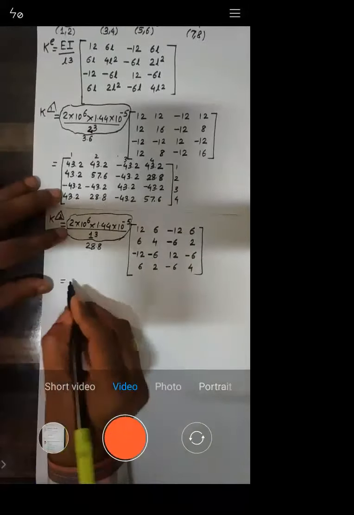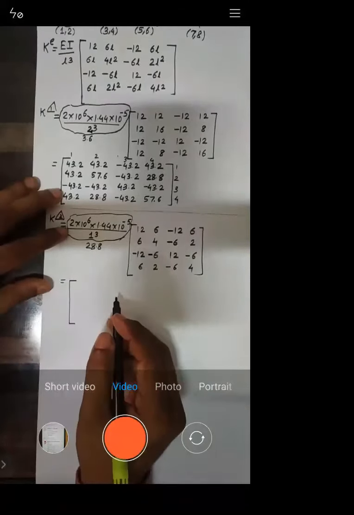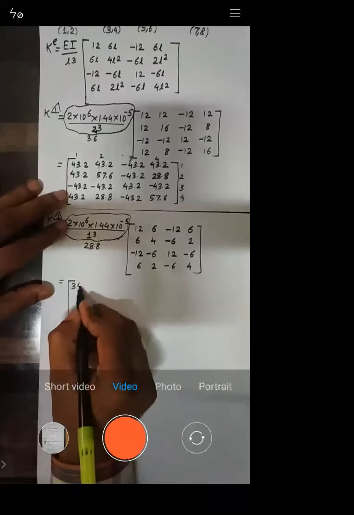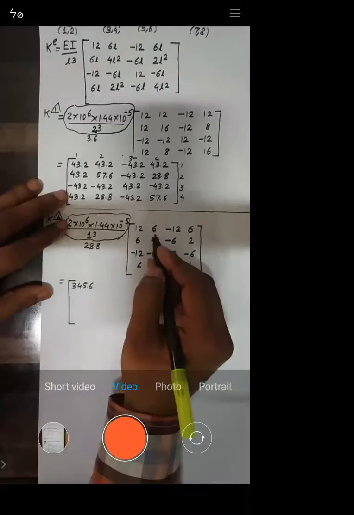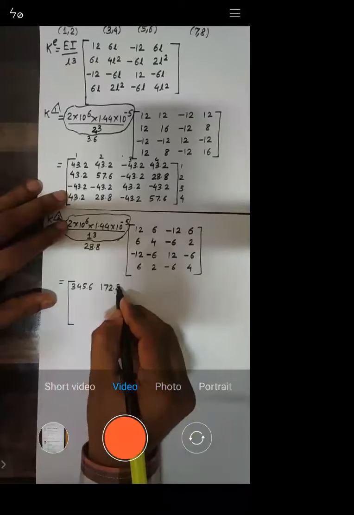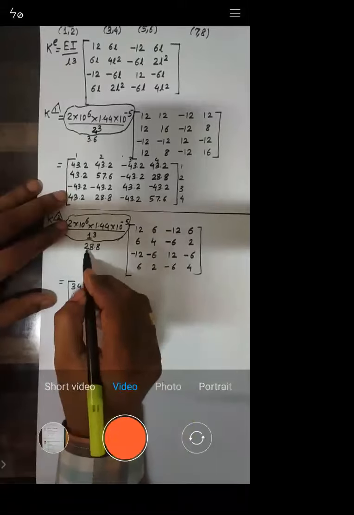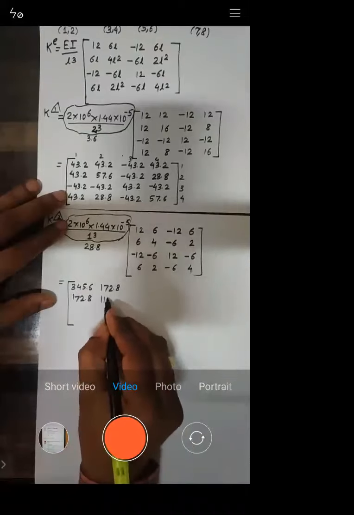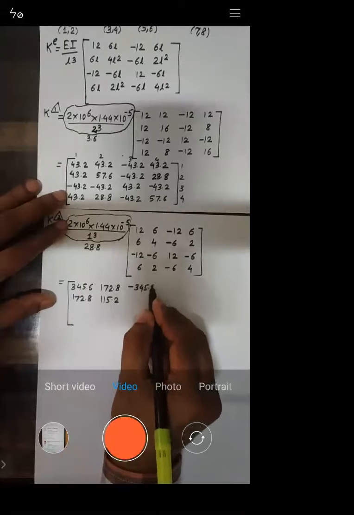So let me know that. 28.8 into 12 is 345.6. 28.8 into 6 is 172.8, so here again it is 172.8. 28.8 into 4 is 115.2. Right? Next, minus 345.6.